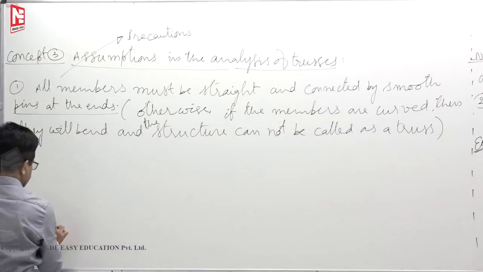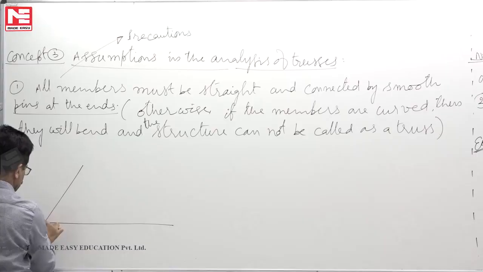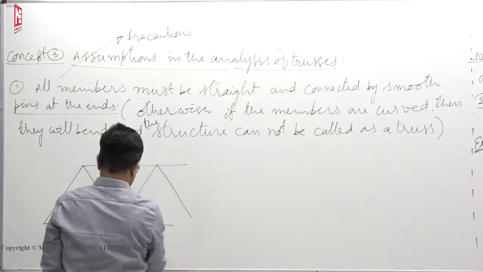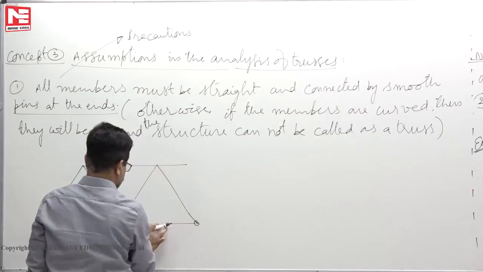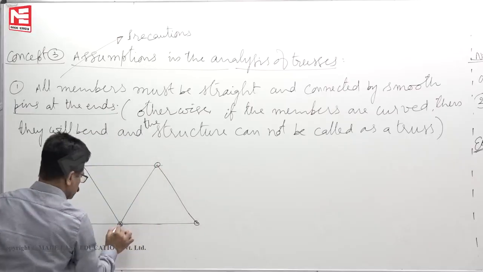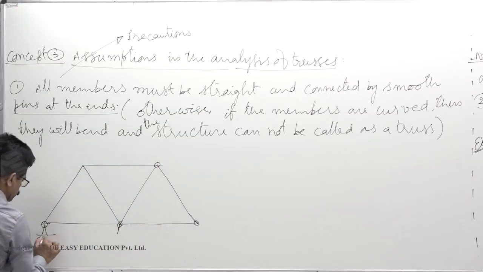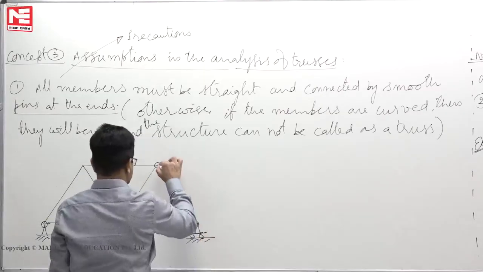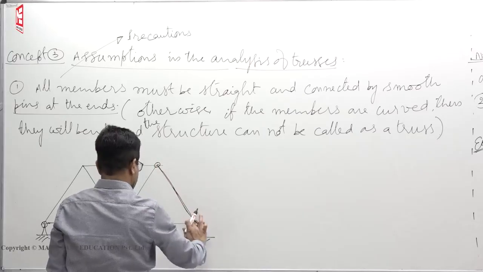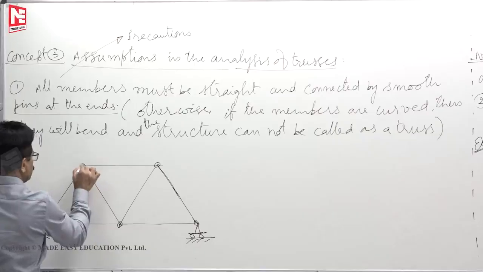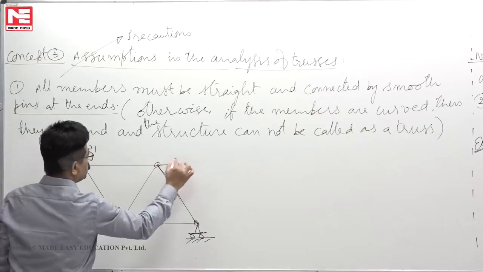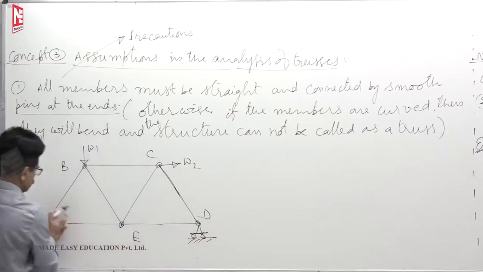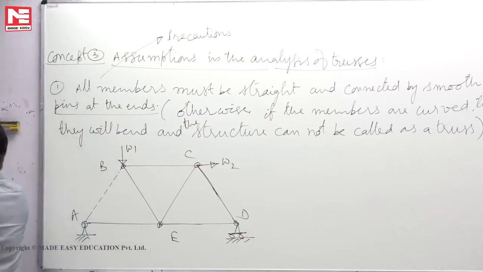What it means is, supposing that you are applying some load W1, W2 like this say A, B, C, D, E. This AB member is not a straight member, let us say.